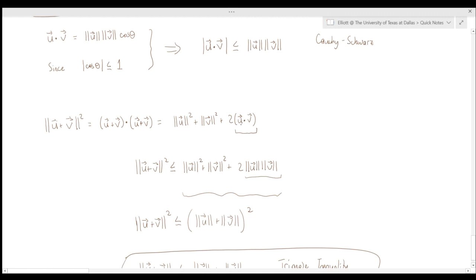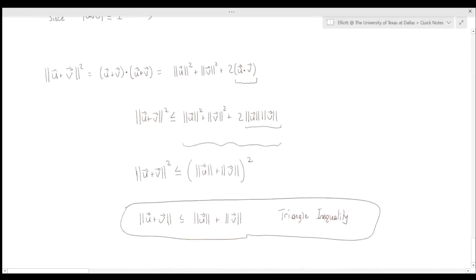So by replacing the dot product with something larger, this expression overall is larger than the expression that I started with. That's where the inequality comes from. Then from there, I rewrote this as a perfect square and square rooted both sides. And that's how I got the triangle inequality.